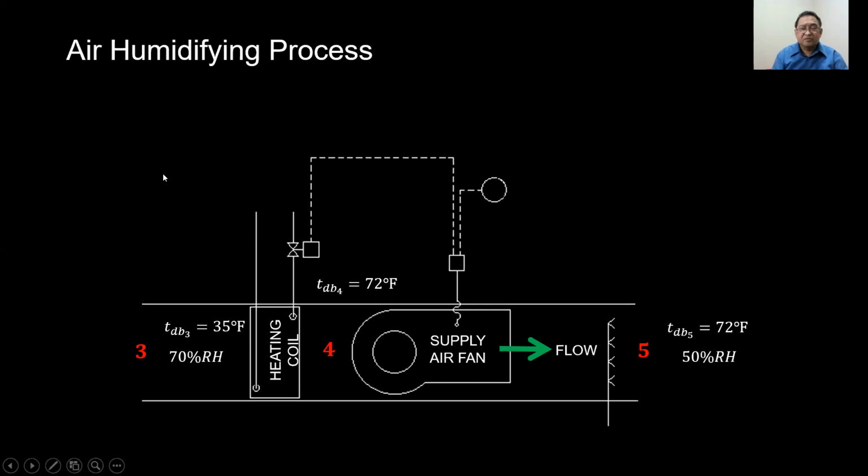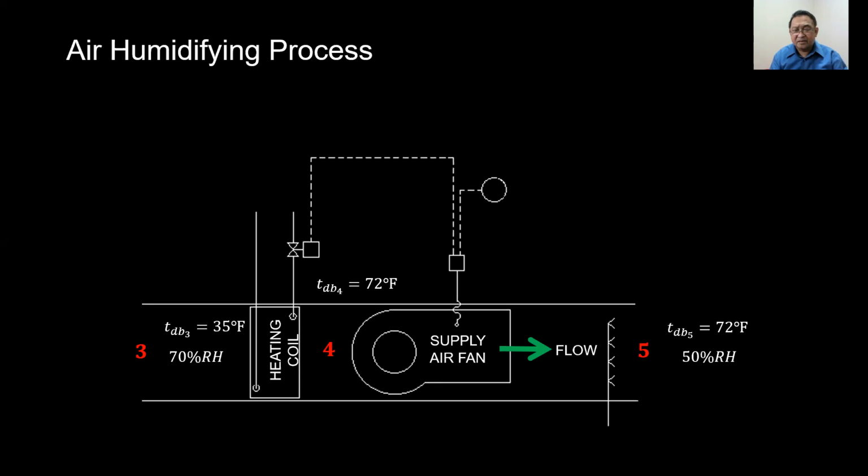So let's go now to the air humidifying process. You have here air at point 3 with a temperature of 35 Fahrenheit and 70% RH being heated to point 4, wherein the desired dry bulb temperature is 72 Fahrenheit.